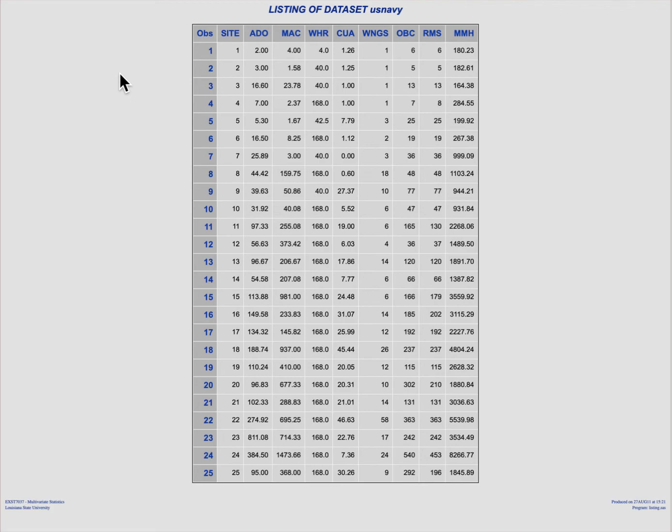And again, if you remember from the last lecture, the way that SAS does that is to analyze the correlation matrix of the original data, because that correlation matrix is equal to the covariance matrix of the standardized data. So that's the way it's actually implemented in SAS. These are the data we're going to use.